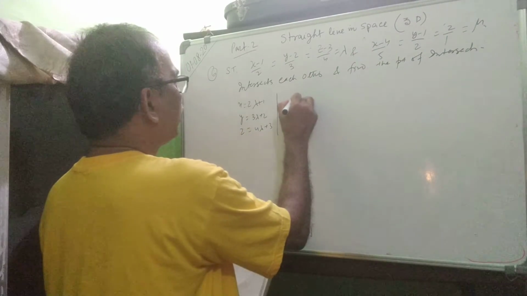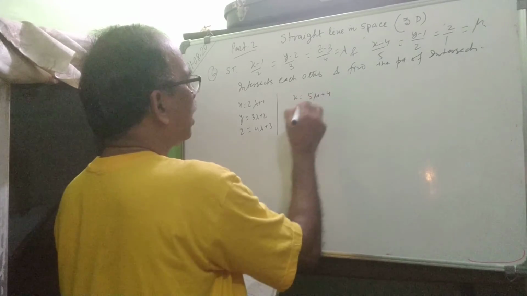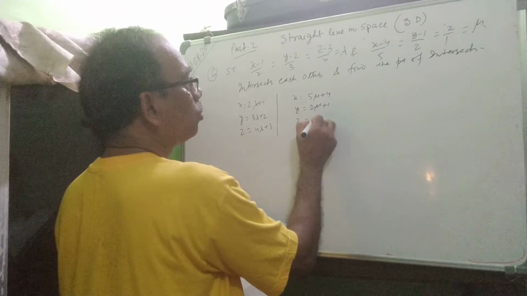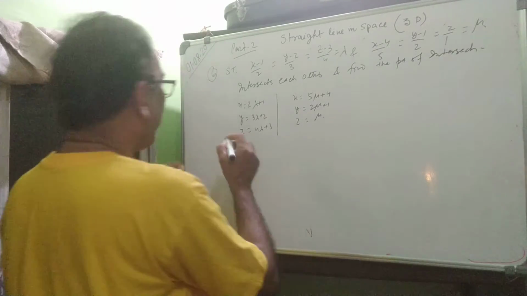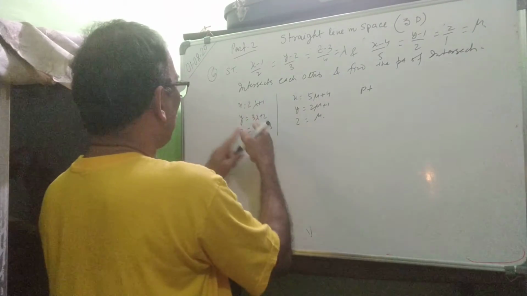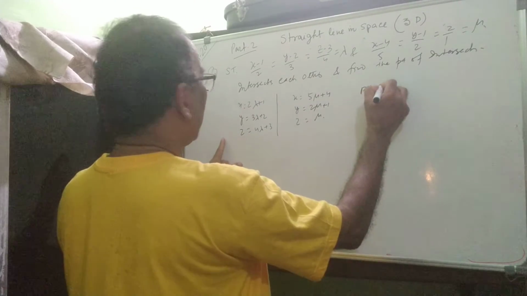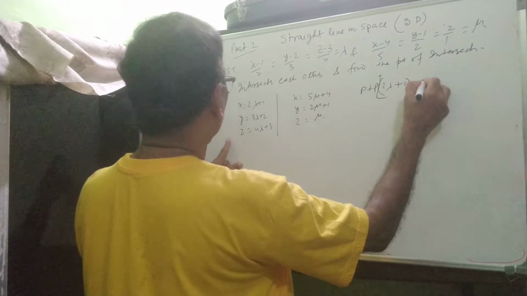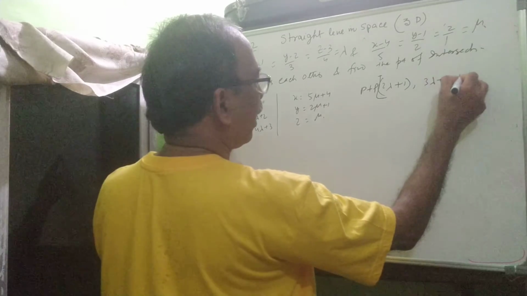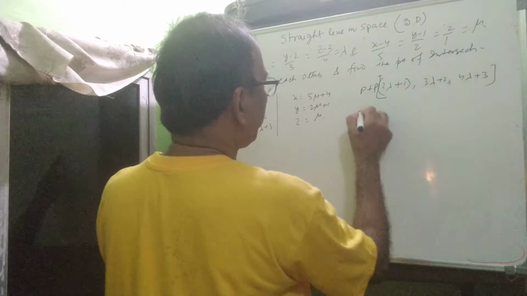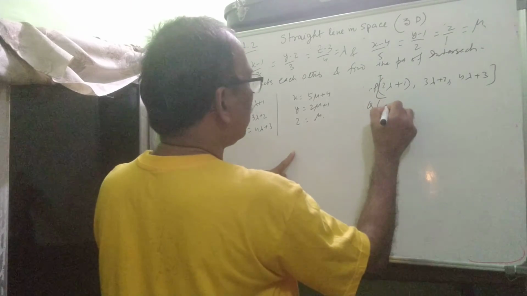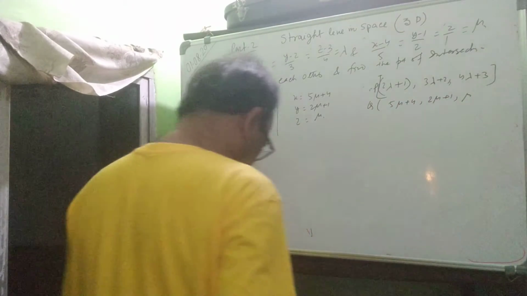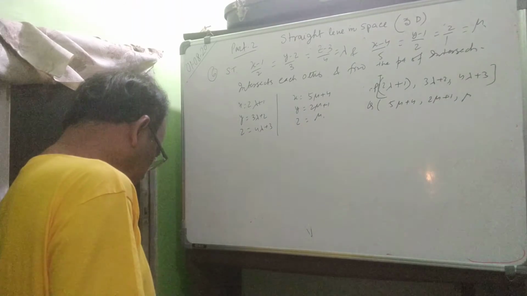And for the other equation, x equals 5 mu plus 4, y equals 2 mu plus 1 and z equals mu. Point P is (2 lambda plus 1, 3 lambda plus 2, 4 lambda plus 3) and point Q is (5 mu plus 4, 2 mu plus 1, mu). These two points P and Q.